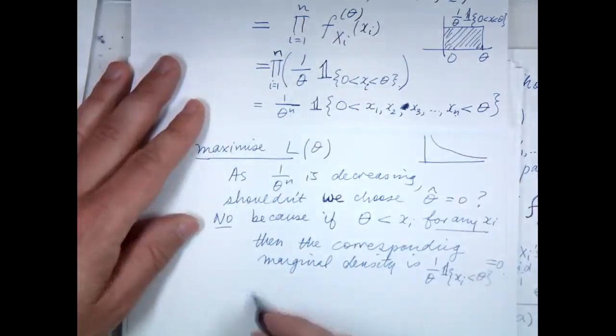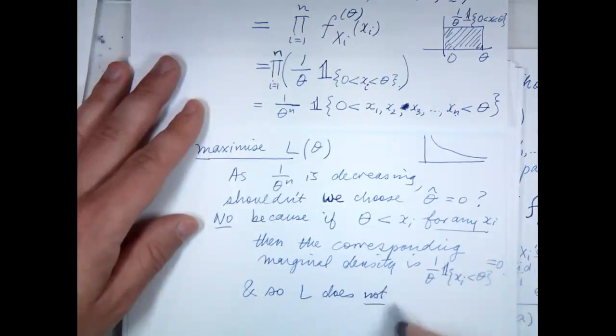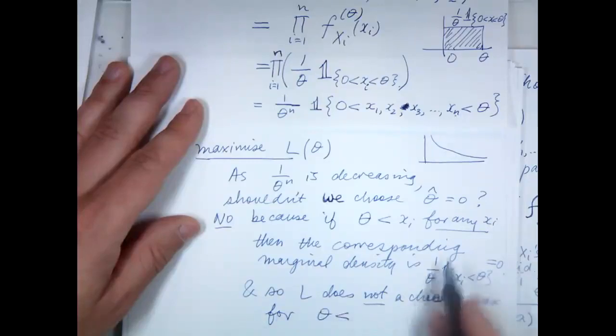Okay, and so L does not achieve a maximum for theta less than. So if theta is less than any of them, then it's no good. So it does not achieve a maximum for theta less than the maximum of x1, x2, up to xn.